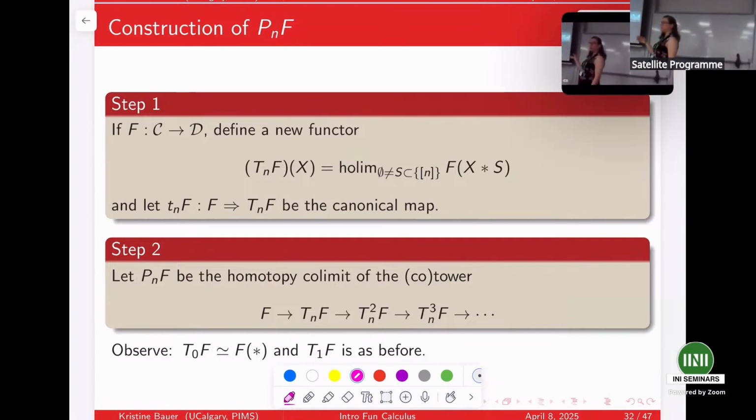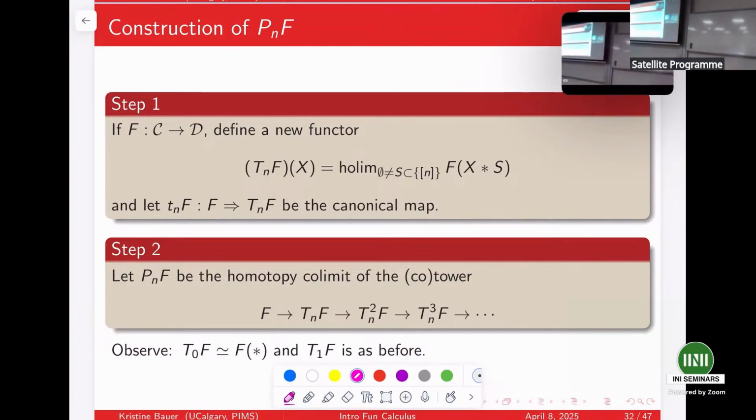We'll need that a lot, so it has a name, little tn F. And then to get the n-excisive approximation, I just make that into a tower by iterating Tn and take the homotopy colimit. And the idea, just like yesterday, is that because each of those iterations of T is a little bit more close to being n-excisive, by the time I take the colimit, I produce something that's actually excisive.